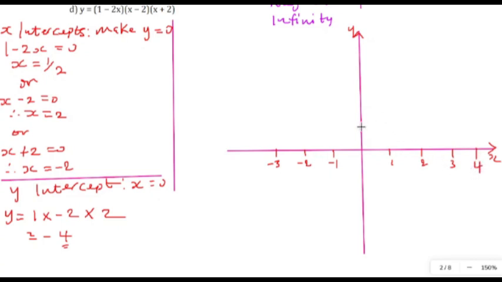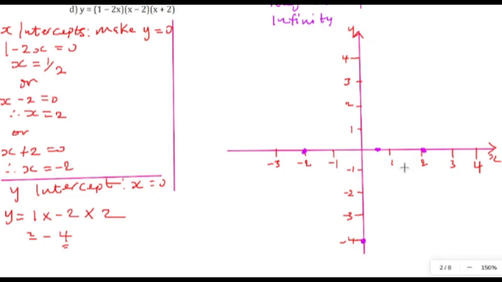For y, we have here 1, 2, 3, 4, and negative 1, negative 2, negative 3, and here is negative 4. Let's mark out those points. The y-intercept is here. Then x equals minus 2 is an intercept also. Then we have x equals 2 and x equals half at this point.